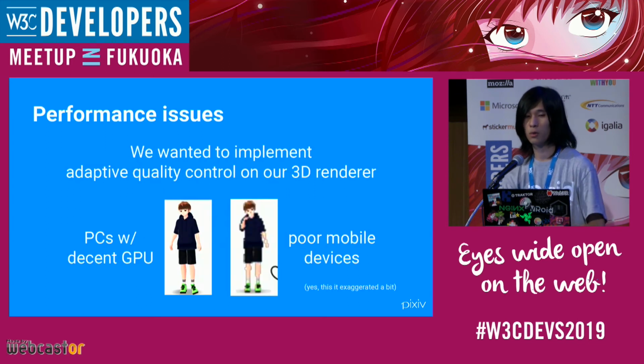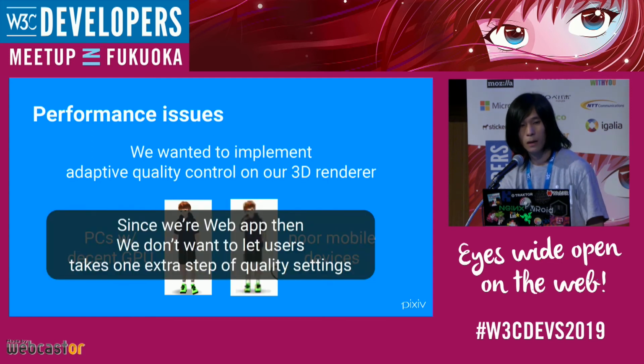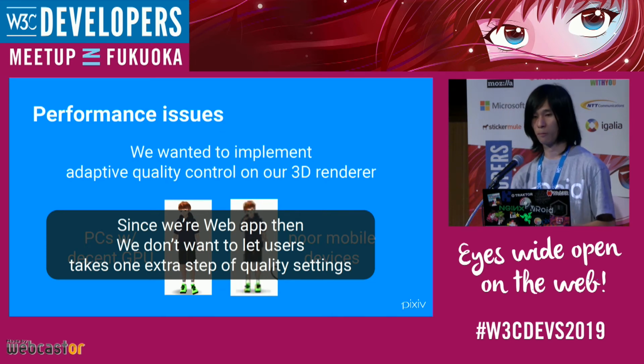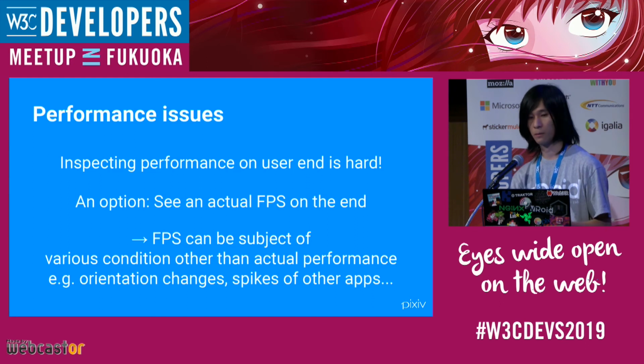So we wanted to implement quality control in our rendering. We want to render things in higher quality on high-end devices, but not on low-end ones. And since we are building a web application, we don't want to make users tweak a settings window or the like. We wanted adaptive quality control. But inspecting the end user's processing power is pretty hard.